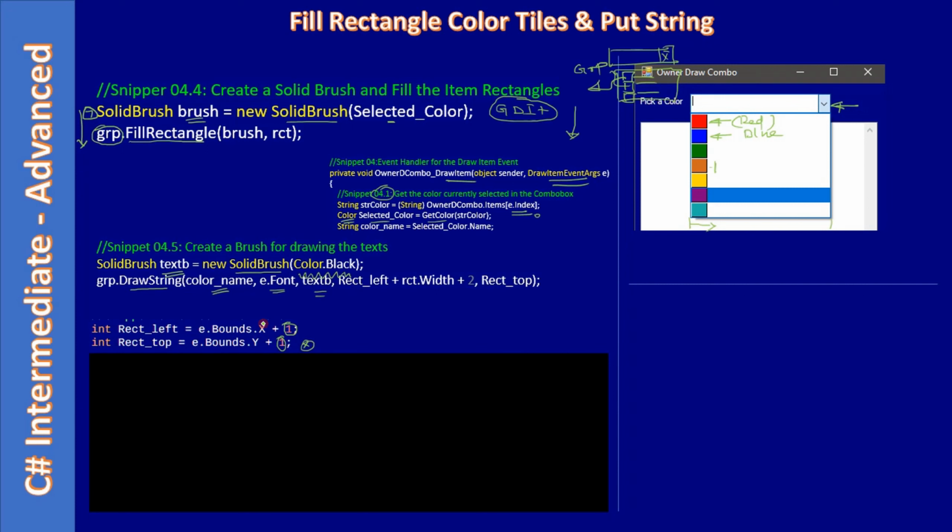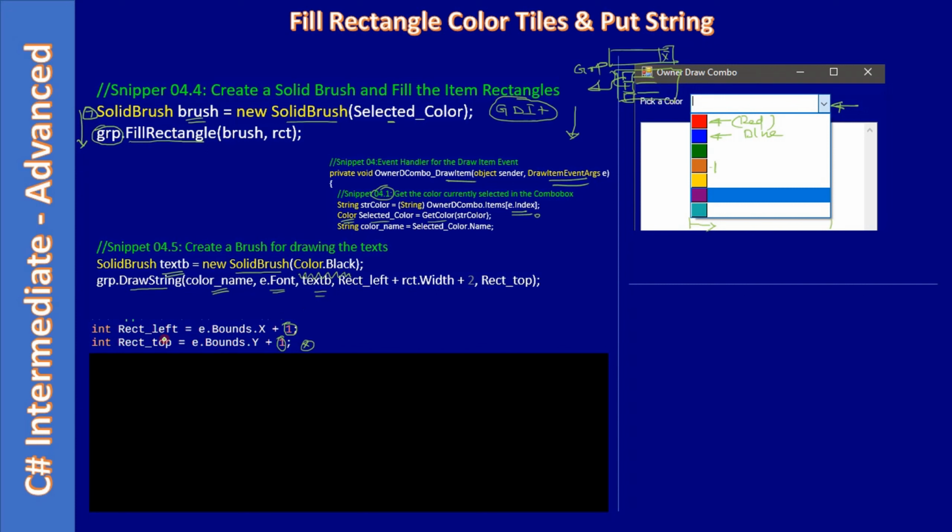So e.bounds.x, this is the gap plus 1, and rect left plus rect width, and we already have 1 pixel gap and we want some gap here as well, so we added plus 2.